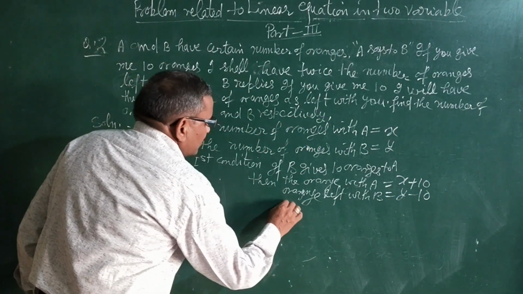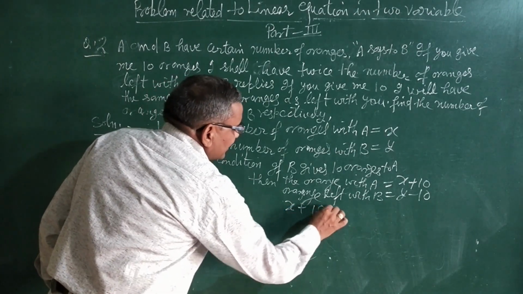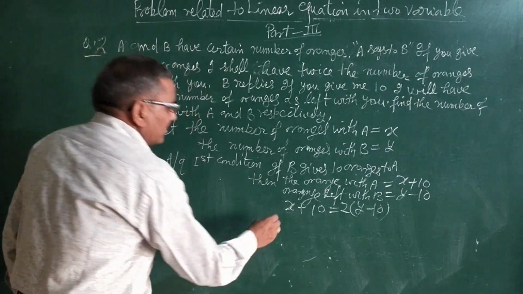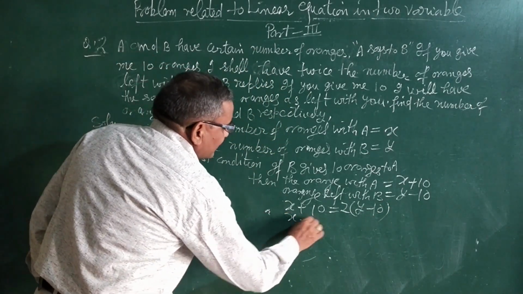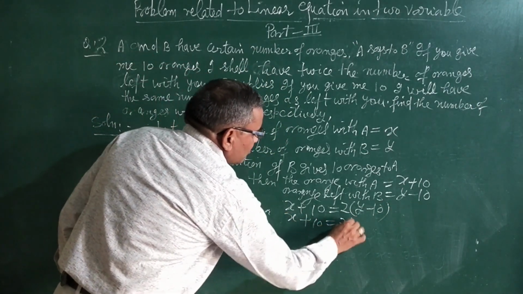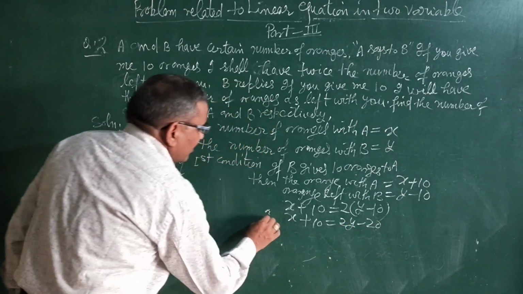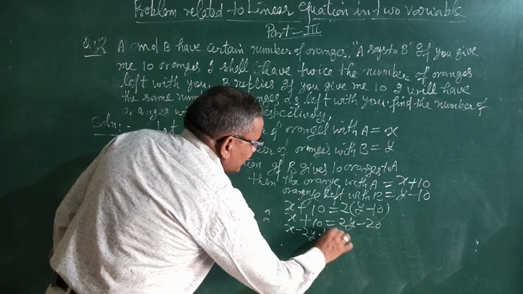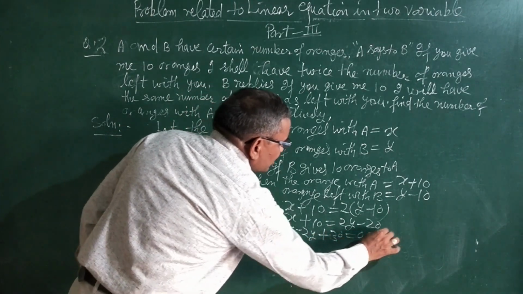So x plus 10 is equal to 2 times y minus 10, or x plus 10 is equal to 2y minus 20, or x minus 2y plus 30 is equal to 0. This is equation first.